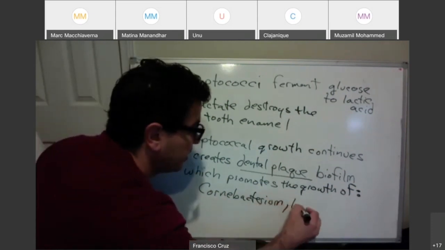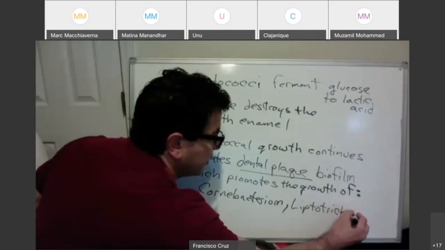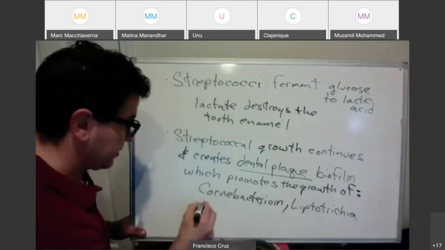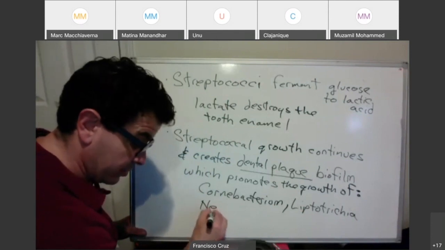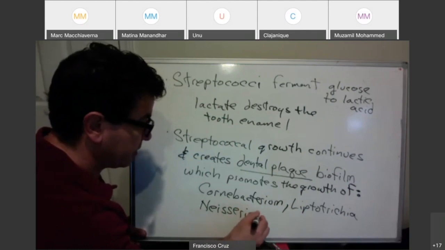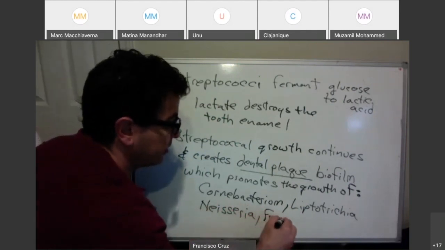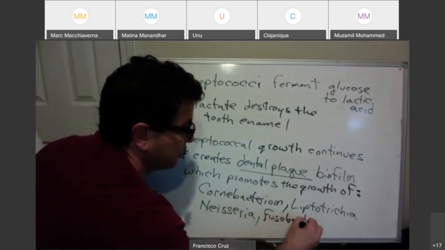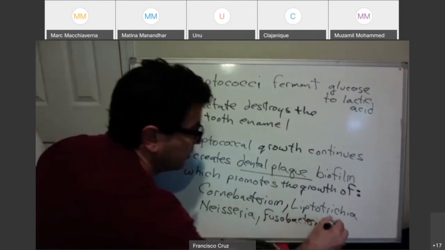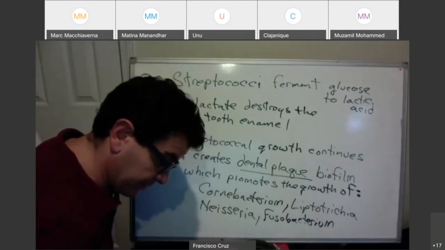Leptotrichia. This is just some of them. I know there's more than this. The book doesn't list them all. Neisseria, Fusobacterium. This is just to name a few. I know of at least 3 other species, but we won't have to get into all of them.